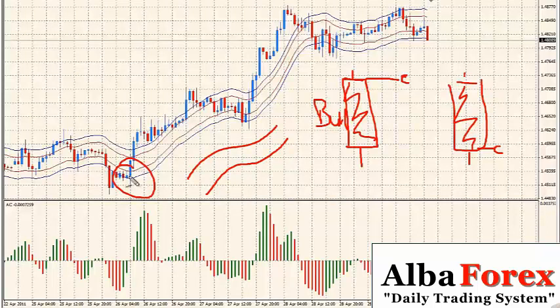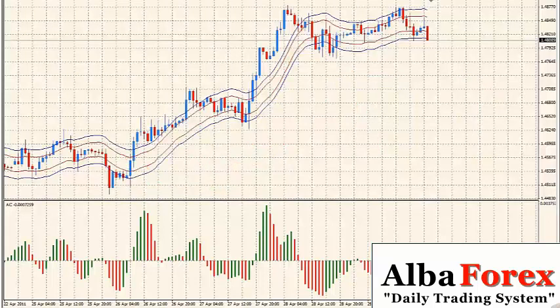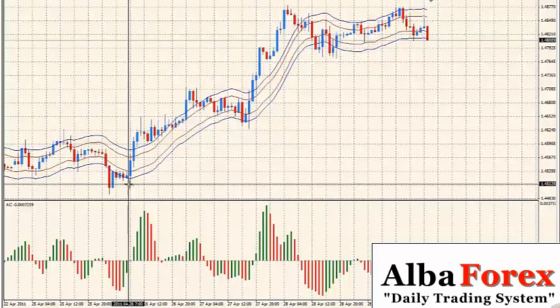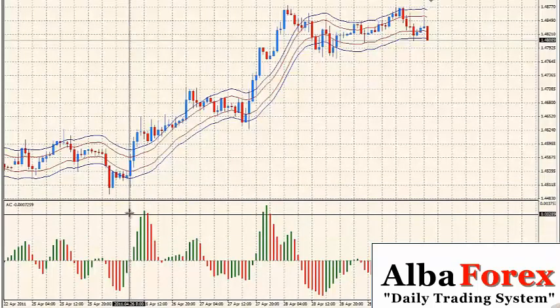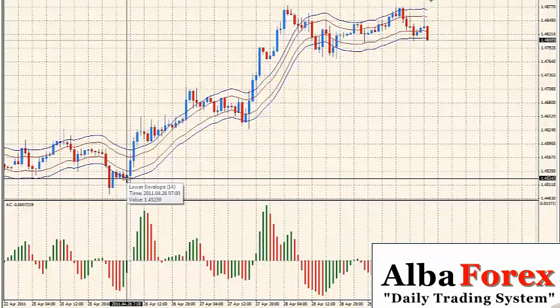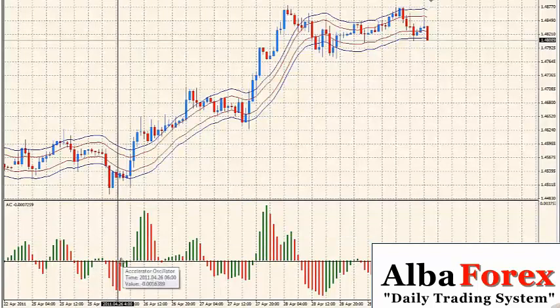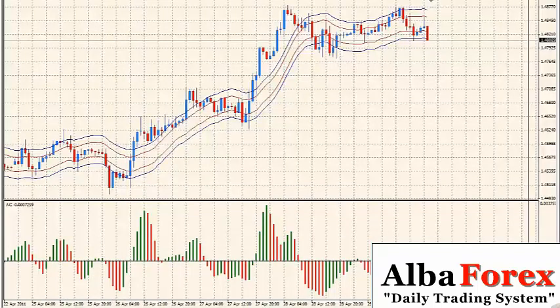As you can see, that's where it closes. When the close is inside those two lower bands, the next thing to look at is where it lines up with the Accelerator Oscillator. This is the vertical scale, where the dotted dash line is.